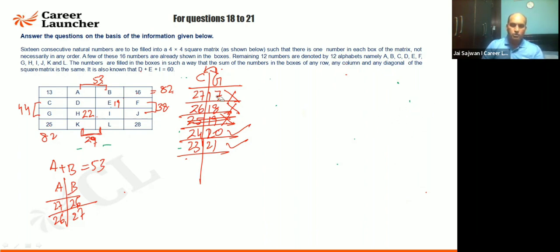Is that clear? So I cannot take 27, 17. I cannot take 26, 18. I cannot take 25, 19. So these are the only two values which can come here. I believe it is clear.